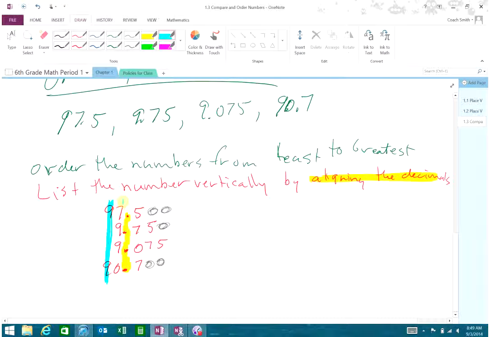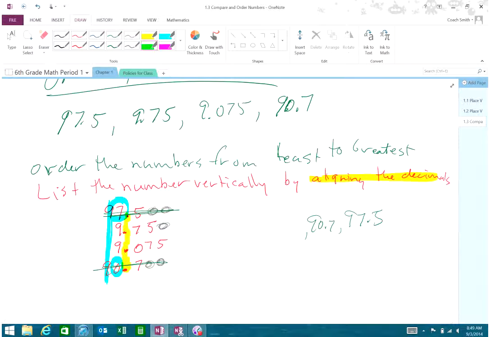So therefore, I have to move to the second digit, a 7 and a 0. Which is larger, 7 or 0? 7. So that means my largest number will be 97.5. My second largest number, 90.7. And I can mark those 2 numbers out.